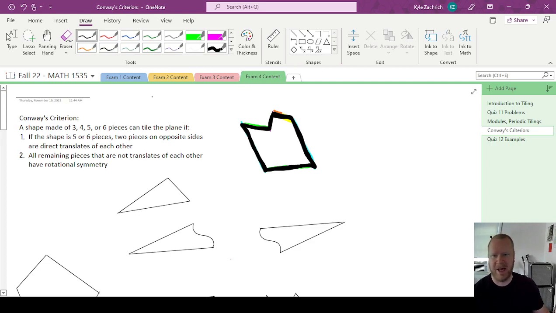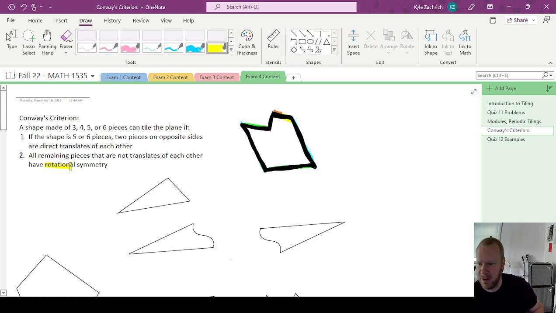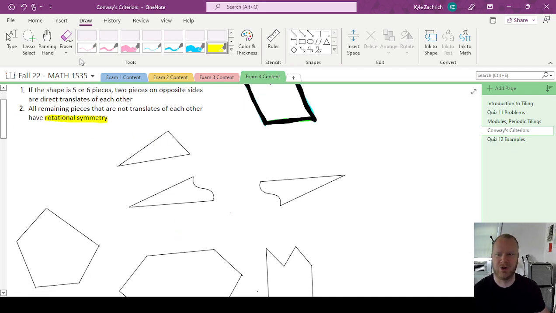So we saw last time when I talked about Conway's Criterion, I was focusing on this rotational symmetry. Okay? This idea that if I took a triangle, for example, and I wanted to tile the plane with that one, we know that it tiles the plane just because it's a triangle, but it fits really nicely because all these straight edges can be rotated 180 degrees and we'll get that same shape back.